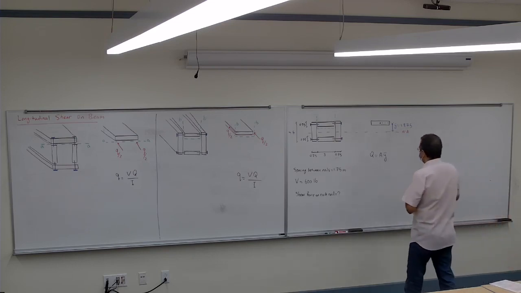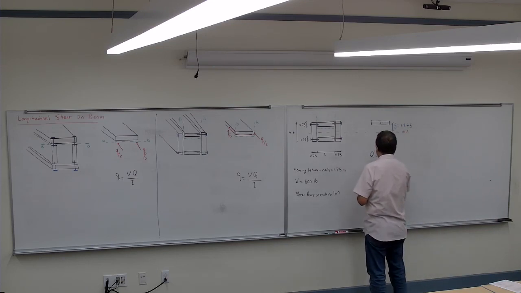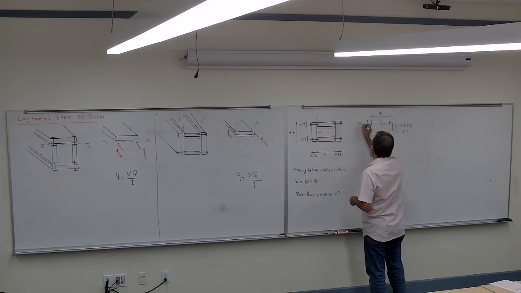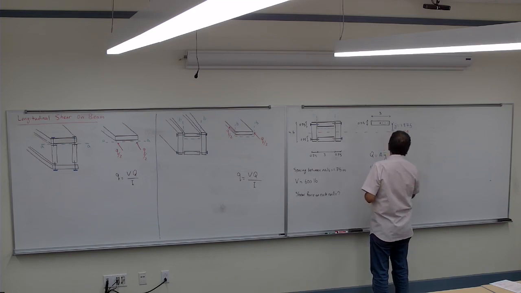So the Q would be, this one is 3, this is 0.75, so it's going to be 3 times 0.75 multiplied by 1.875.